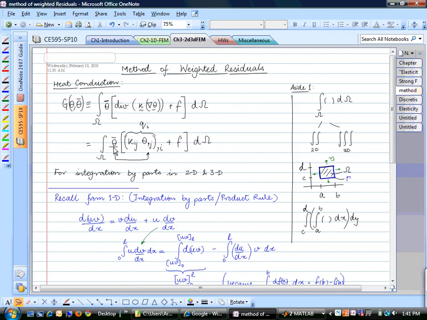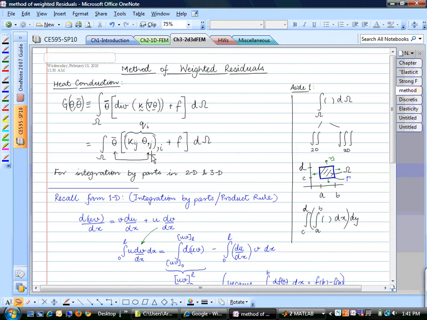And this theta bar, the virtual temperature, if you will, does not have any derivatives. So what we are going to do is something analogous to integration by parts in one dimension. If we do integration by parts, we should be able to transfer one of the derivatives from here to here. And just to make it clear, this comma j denotes del over del xj, right?